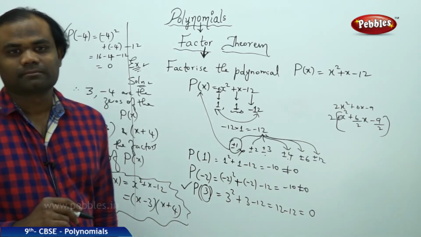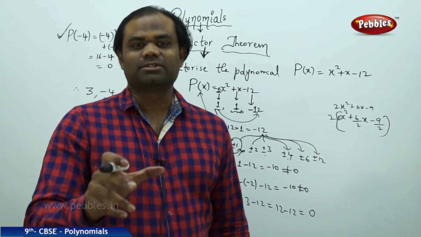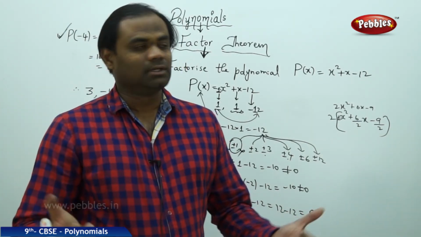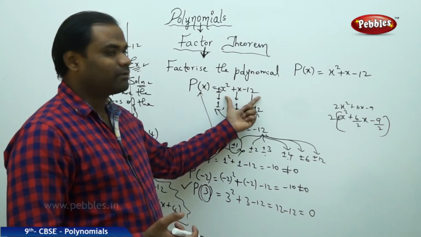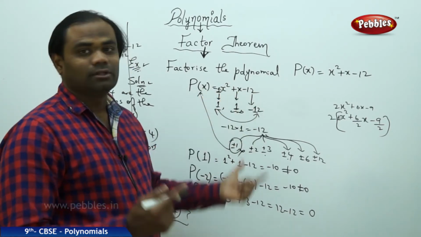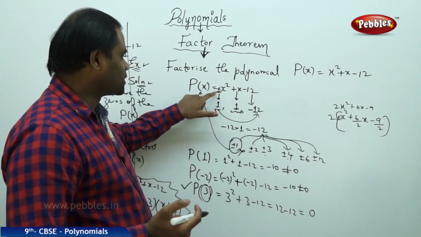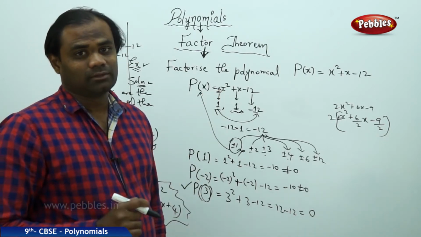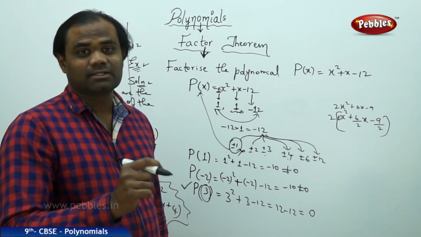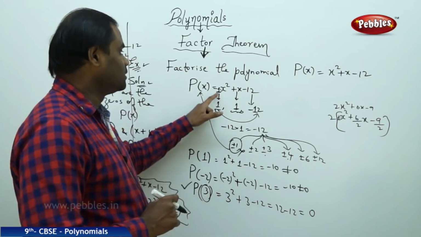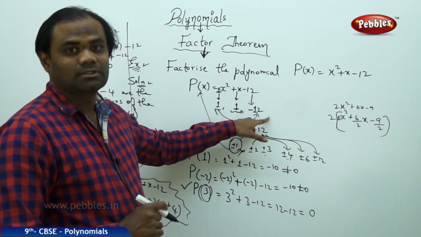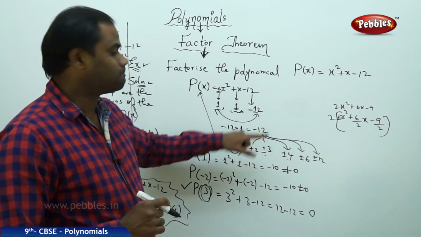That is how I understand factorization through the factor theorem. Factor theorem is based on the zeros of the polynomial. So for the given polynomial p of x, I follow rule 1, that the coefficient of x squared should always be 1. The coefficient of the highest degree term must be 1, and the rest of the terms can be non-1.